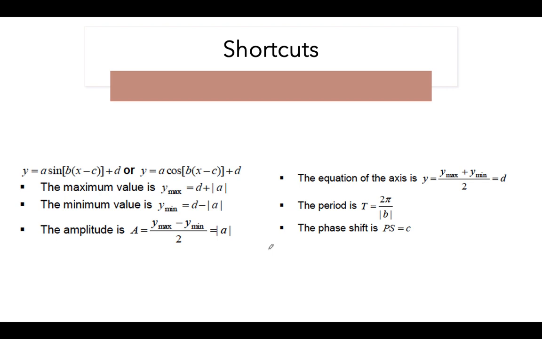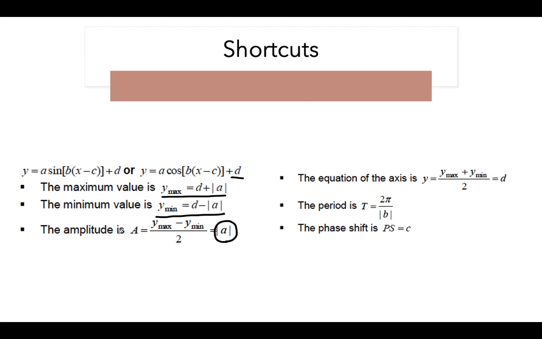Now, what are some of the shortcuts that we can see from the equation? In order to find the maximum value, all you need to do is d plus the absolute value of a. To find the minimum, you do the opposite, d minus the absolute value of a, because a represents the amplitude.